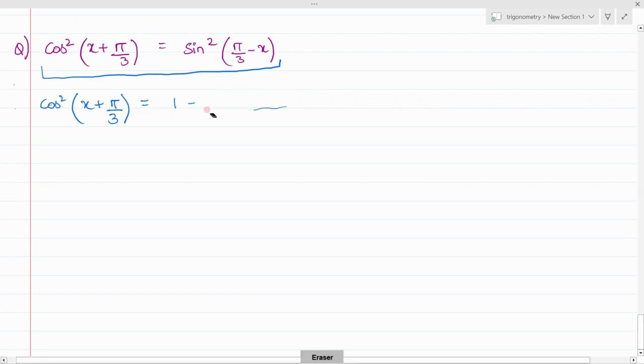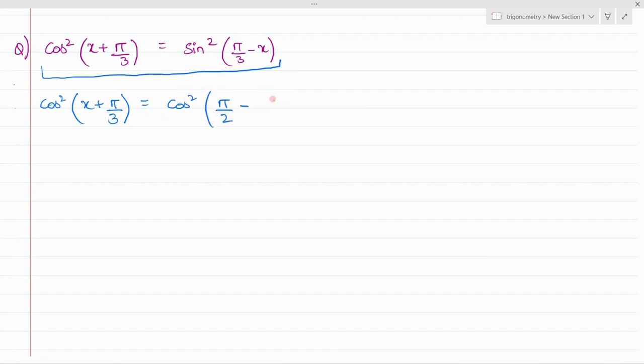So instead of this, we are going to write it like this, that is cos square of pi by 2 minus of pi by 3 minus x. Why? Because we are using the complementary angles. That is cos of pi by 2 minus theta, assume this as theta, so cos of pi by 2 minus theta will be sine theta.